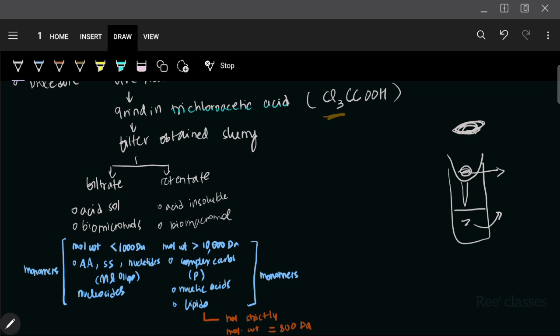So logically, something that is soluble, right? We used an acid, so whatever is soluble in that acid will be able to come here, right? It will pass along with that liquid. So here we have the filtrate, and this is the retentate. Retentate meaning this what it retains, right?